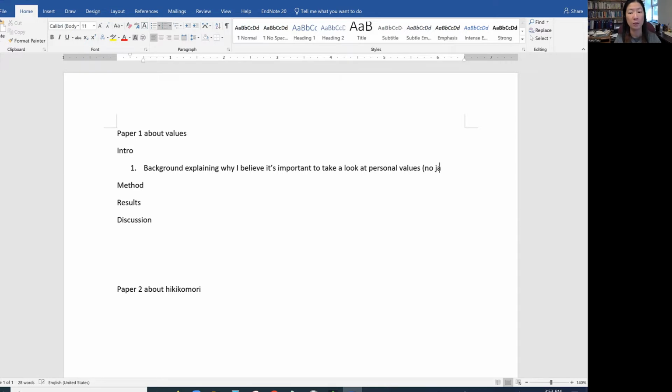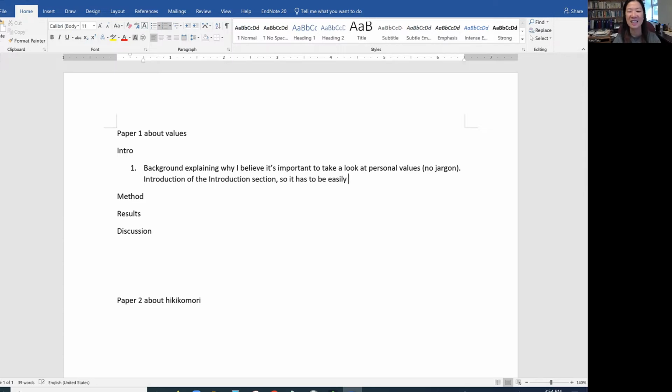So for me, no jargon. I also don't want to necessarily start with a literature review immediately in the first paragraph. The first paragraph is like an introduction, so it is really the introduction of the introduction section. That sounds really bad, but that's just reality: the intro of the whole introduction section. So it has to be easily understandable.